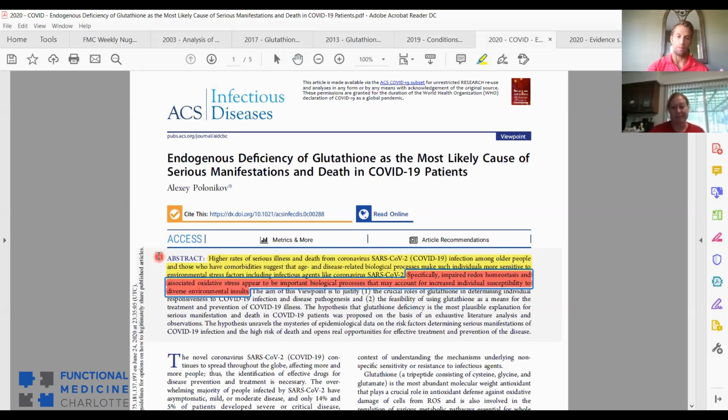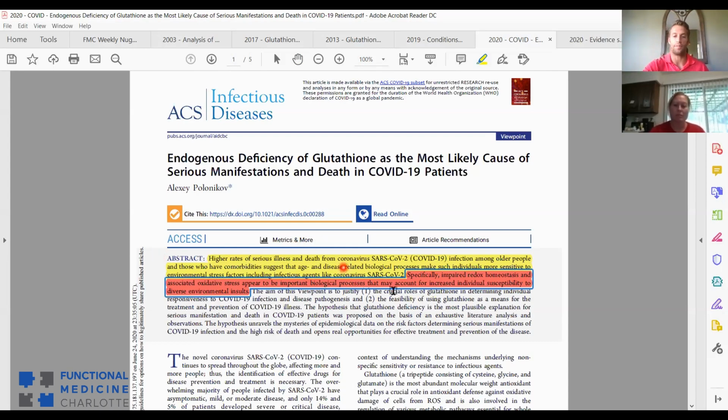But basically what he says is that the elderly, the high-risk COVID groups, right? The elderly and the elderly plus comorbidities, or not necessarily elderly, but one or more comorbidities, are at higher risk of COVID. And it's because of biological processes going AWOL due to environmental exposures, stress, lifestyle, all the things they're being exposed to.